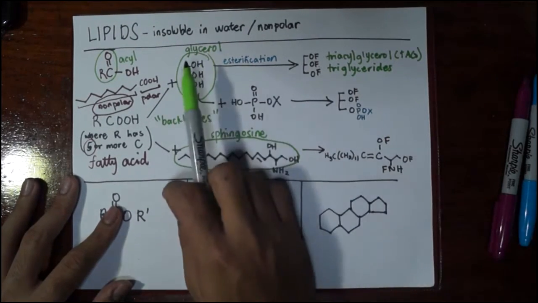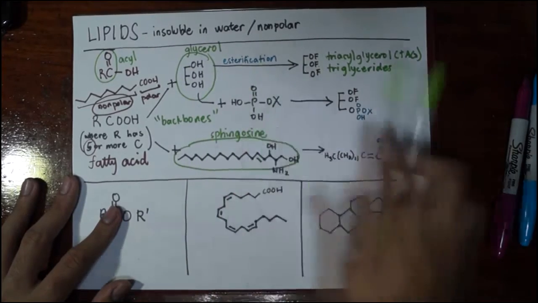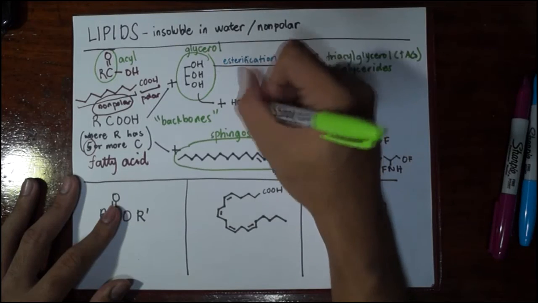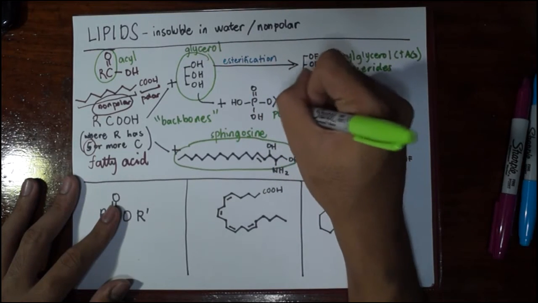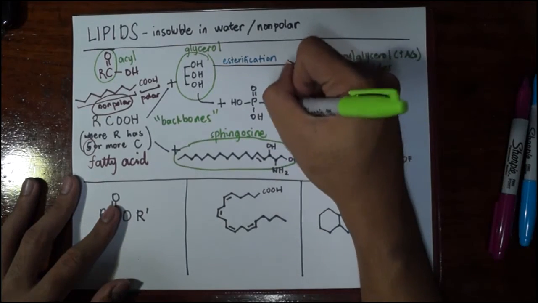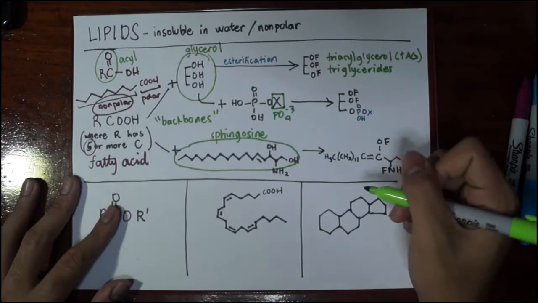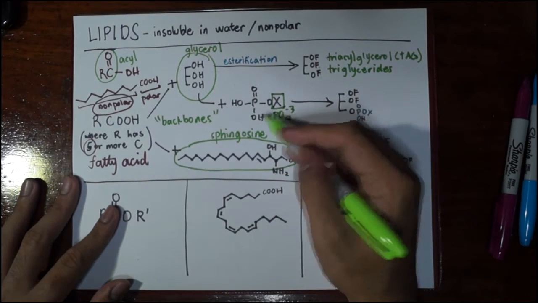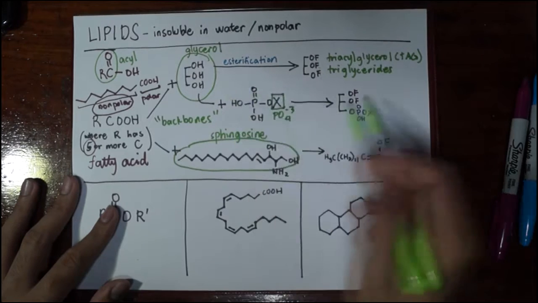Now, if we have glycerol, then we have this one. If you could see, this is PO4, right? This is actually a phosphate group. Then it also has a head group X, alright? This one actually distinguishes the different types of this general structure.